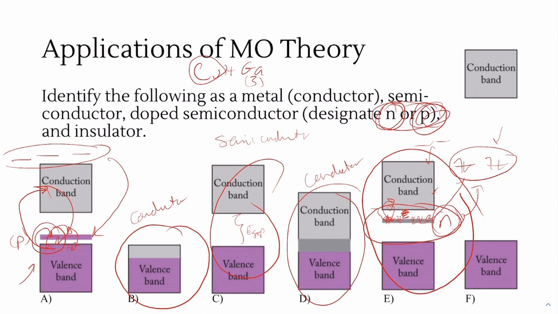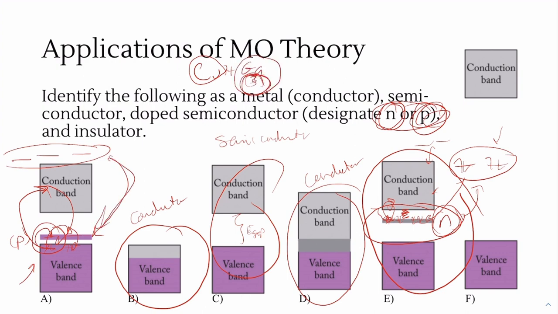That would be a good P doper, because we're adding a bunch of orbitals that aren't filled. We only have 3 valence electrons, and so there's a bunch of other empty orbitals in there, like the empty p orbitals, that I can add to then P dope.